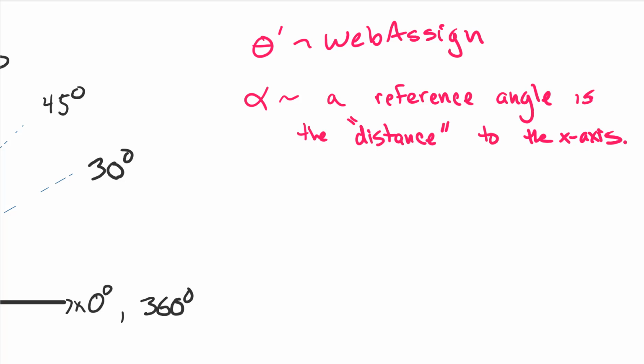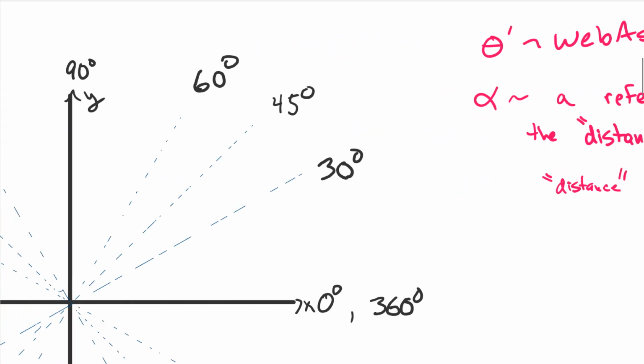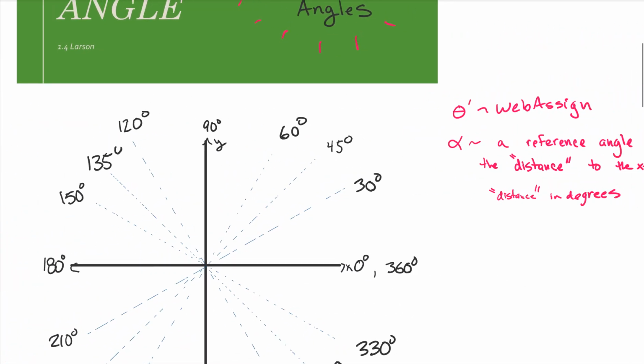Now I'm saying the distance in degrees, but this is not distance. Do you know that degrees are not a freaking distance at all? But what I'm saying here is, how far is it to get back down to the x-axis from 150? How far is it from 150 to 180? That's 30 degrees. That's the distance I'm talking about.